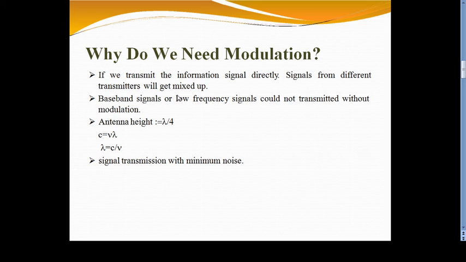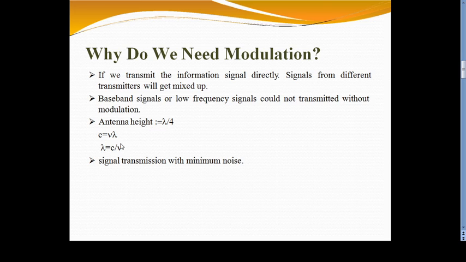The signal which is produced by a source, like human voice, has a very low frequency, and transmitting it to a very long distance is not possible, because baseband or low frequency signals cannot be transmitted without modulation. If we calculate the antenna height with the wavelength, the relation between antenna height and wavelength is that antenna height is 1/4 of the wavelength.